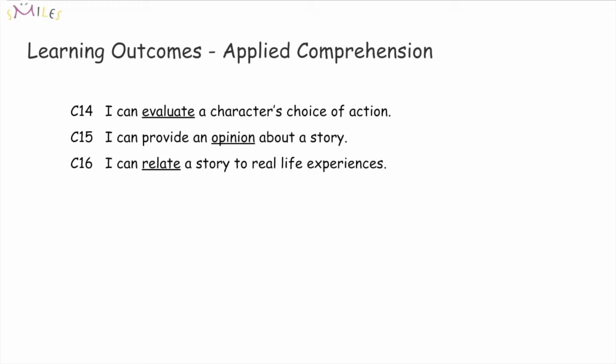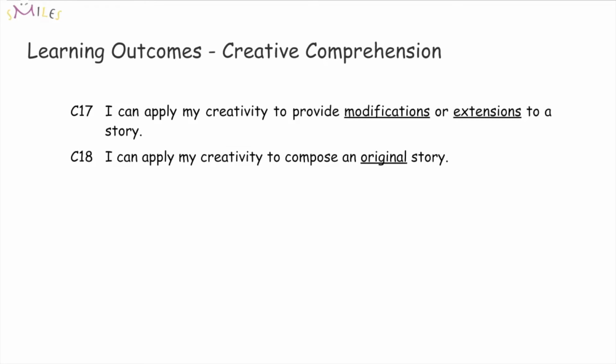Evaluating the character's choice of action. Did you like the story? And why? C15. Providing opinion. And finally, has something like this ever happened to you? Relating the story to real-life experiences.